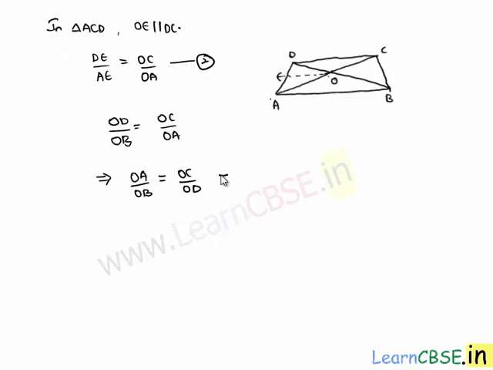That is, AO by BO is equal to CO by DO. This is our required proof, hence it is proved.